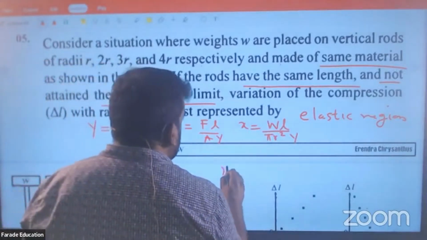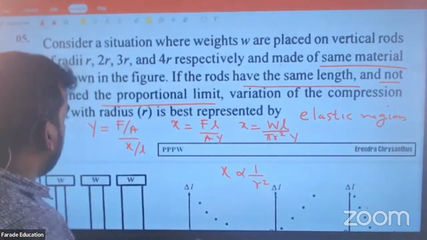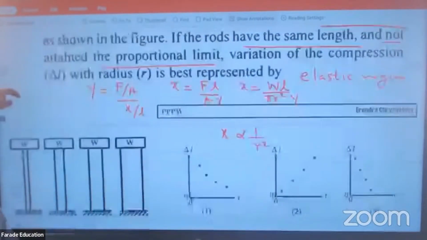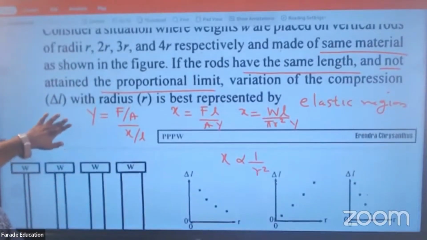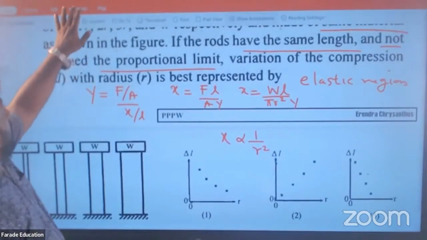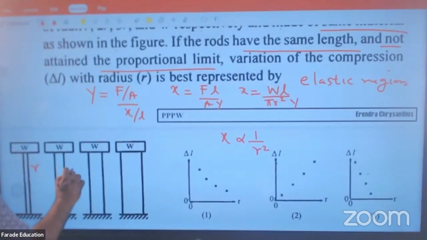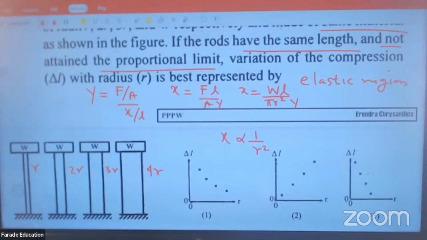So here x is inversely proportional to R squared. Look at this carefully. What are the radii? R, 2R, 3R, 4R.